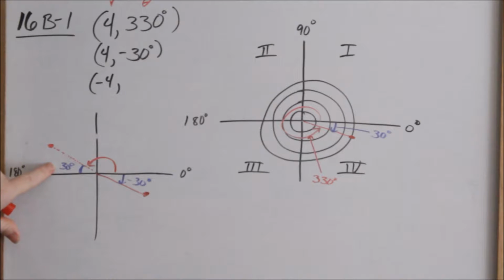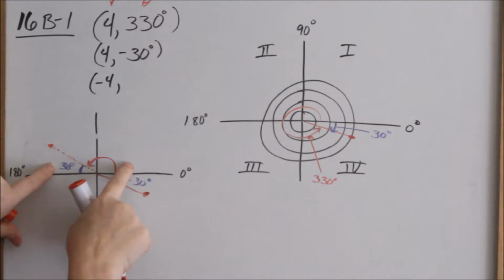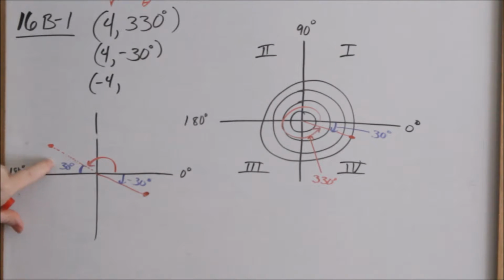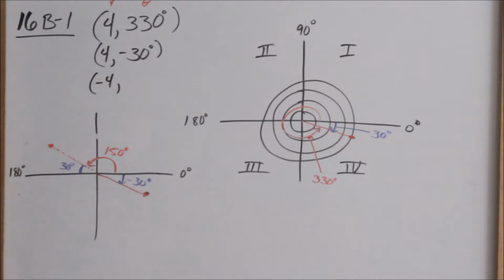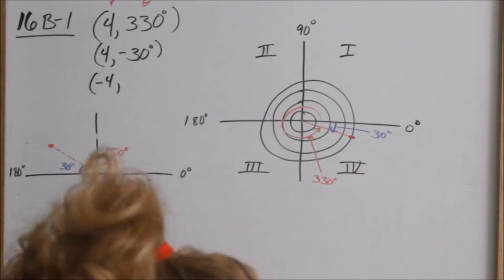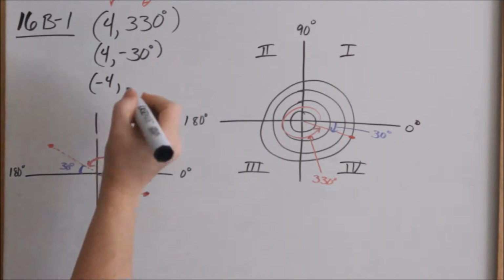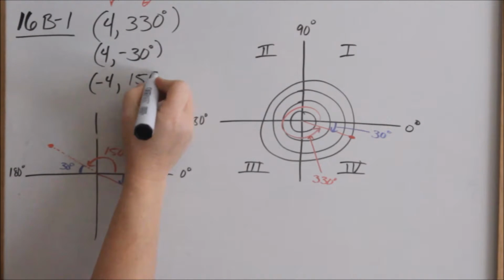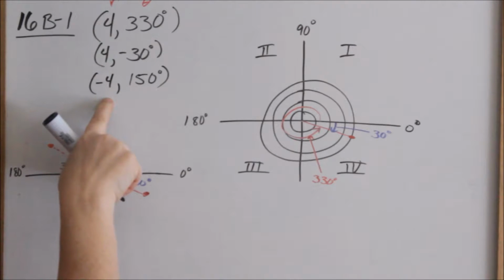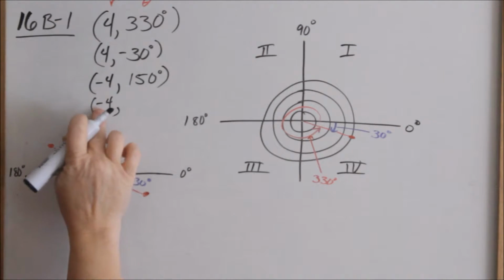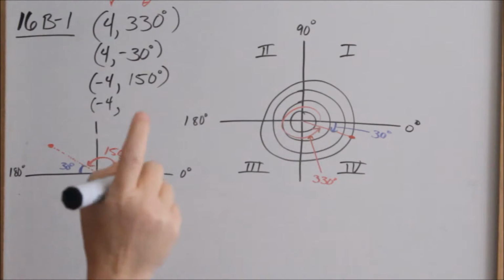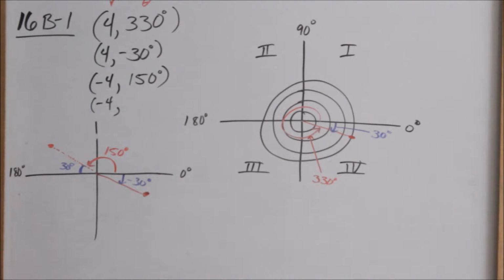So if this is 30, this angle and this red angle are supplementary angles. So if this is 30, what is this angle? That's 150. And that is our angle going in the counterclockwise direction. So that would be 150, but we can also write this another way. We're still looking at our negative 4 radius because it's going in the opposite direction.